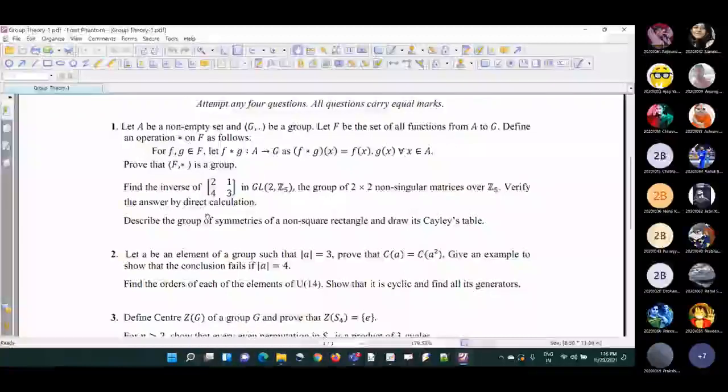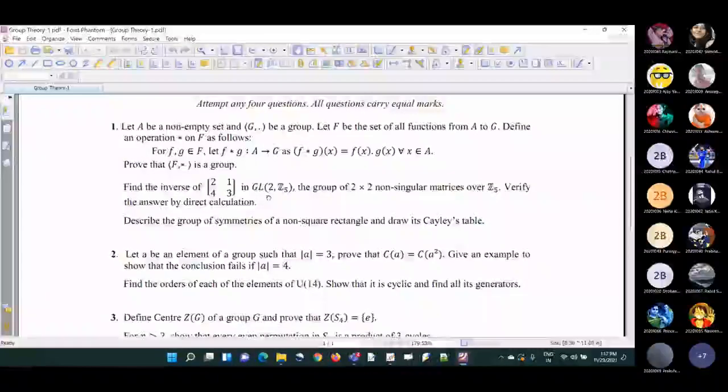This kind of question we have done while discussing, I think, in chapter number 2. So when these elements belong to a certain group, then how we can calculate.